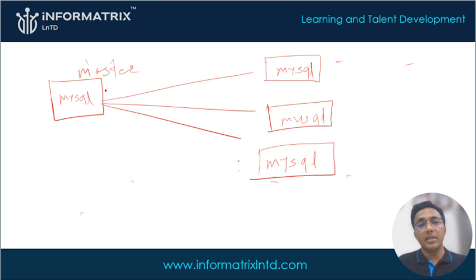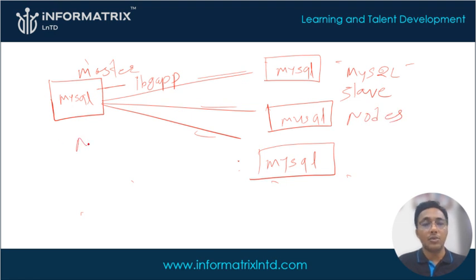Now I can sync one of the databases, for example a database called IBG app. This is the name of the database. So I can sync this database on all these three nodes, and these three nodes can act as MySQL slave nodes, and this is the master node.